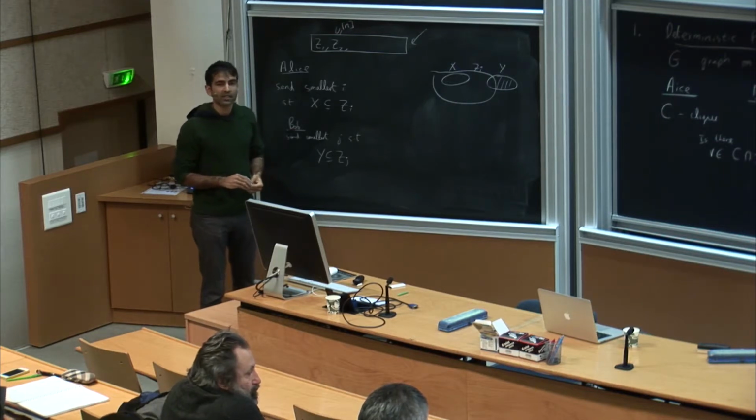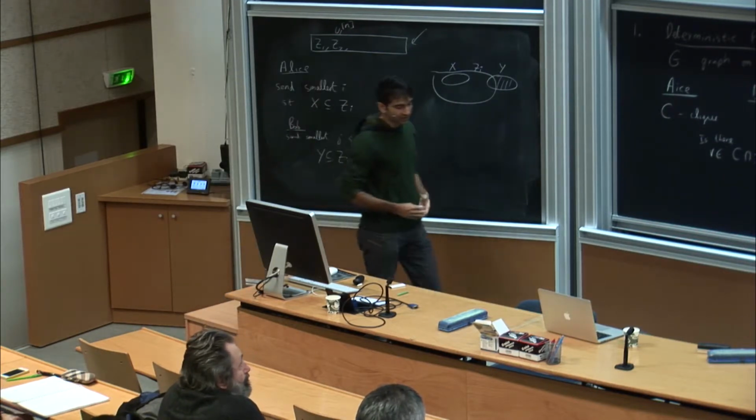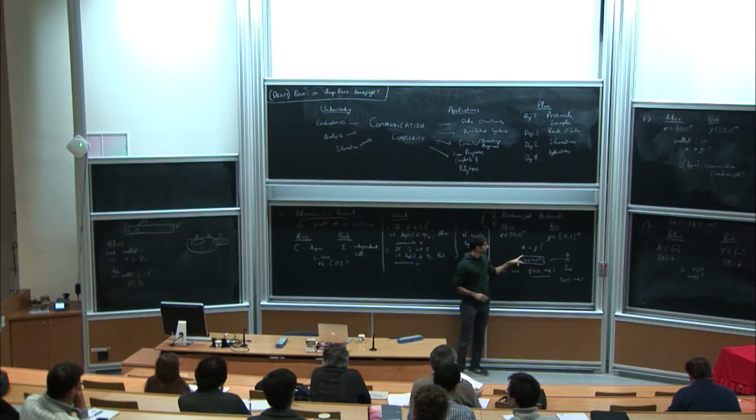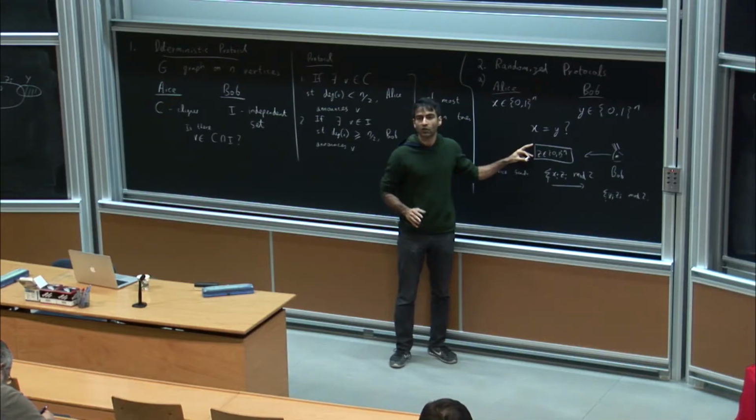Okay. So actually, in general, there's a generic result, which says that if you have any randomized protocol that uses a shared public random string, which has arbitrary length, you can always assume that that string is of length log n, where n is the number of bits that the players have as input.